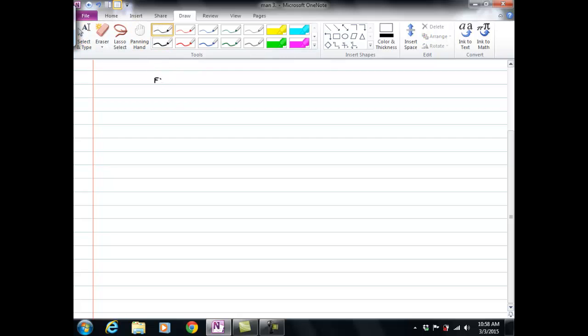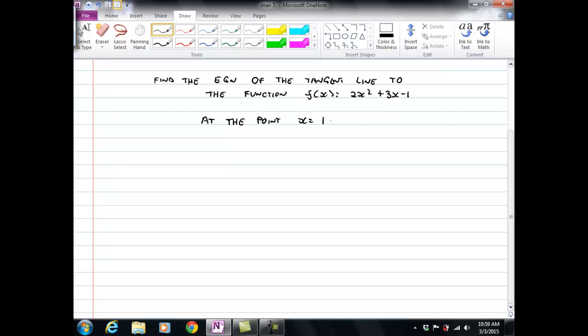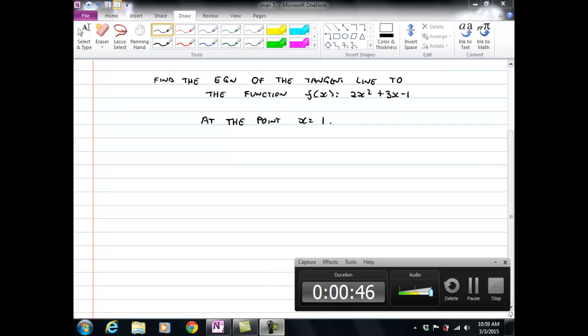Find the equation of the tangent line to the function f of x equals 2x squared plus 3x minus 1 at the point x equals 1. I'm going to pause it and let you start off with this question.